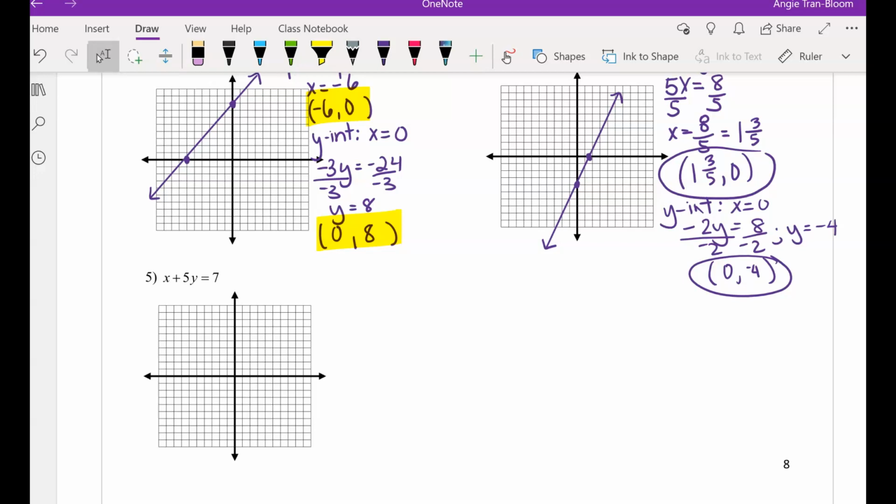Once you have your x and y-intercept, can you compare the 2 points with your neighbors before you plot those? Because if the 2 points are wrong, then your graph will be wrong. So compare the 2 points first, please.